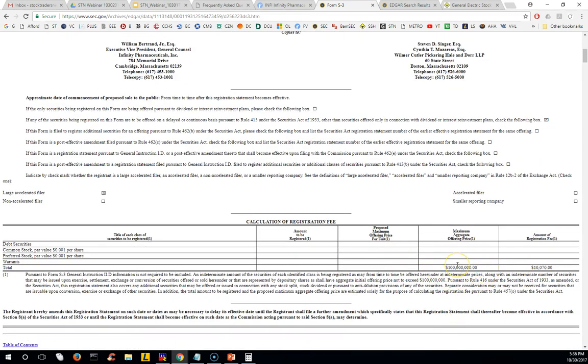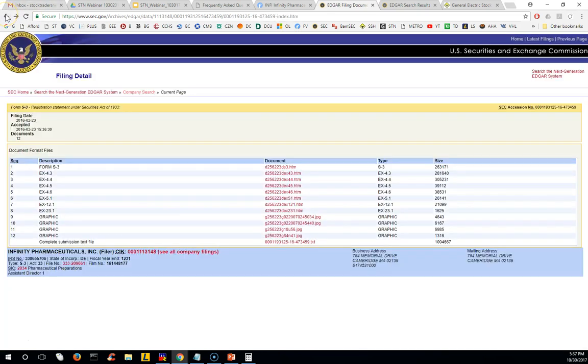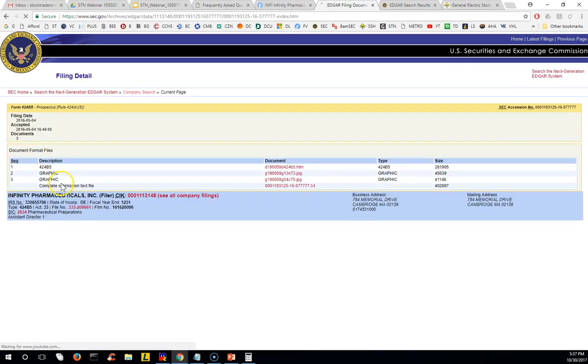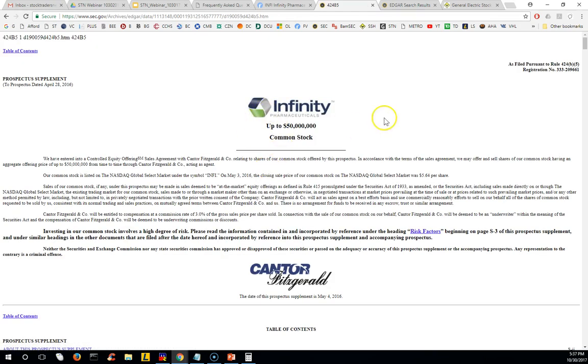So I know eventually they're going to be coming to market with $100 million. But I also know from the effect that there's one PR related to this file number, and that PR is for $50 million. So they came to market with 50 million, meaning they have 50 million left. I'm pretty sure that was his question.